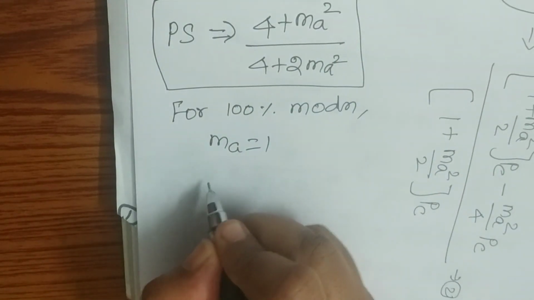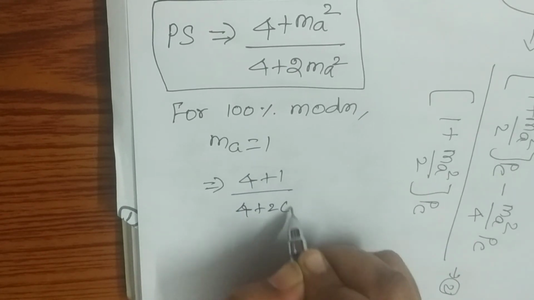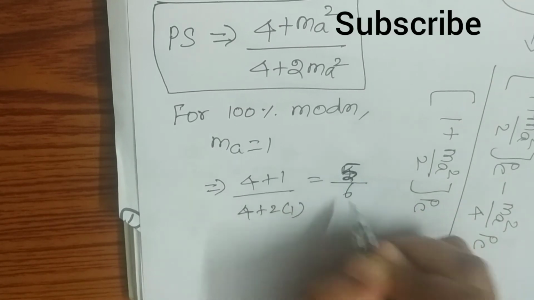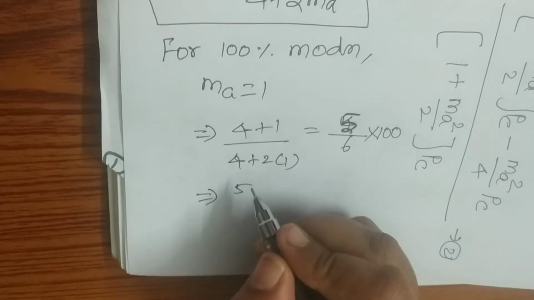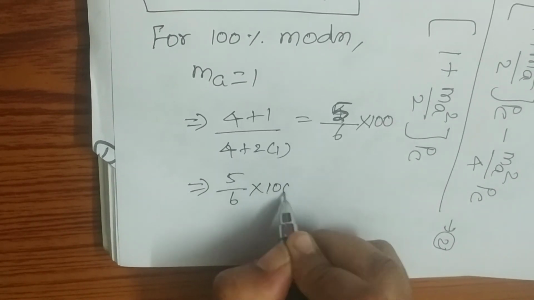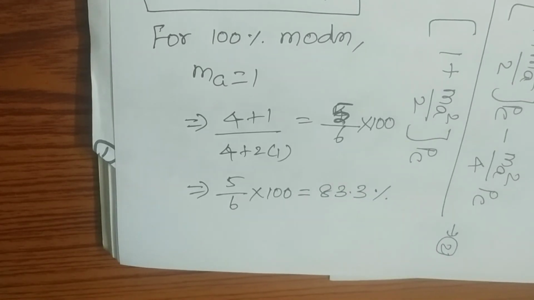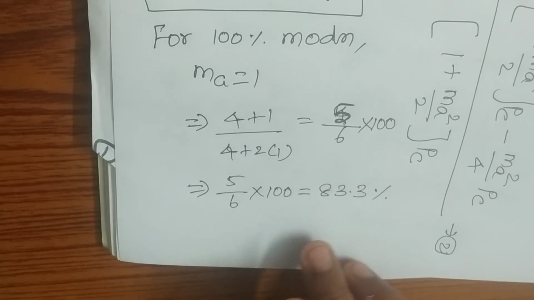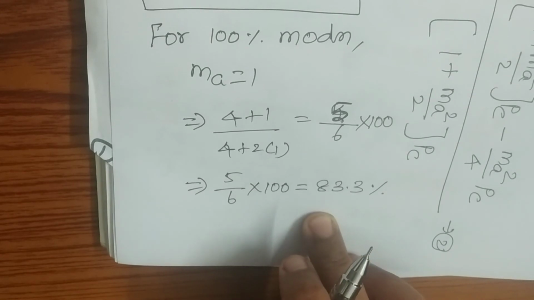We get 4 plus 1 divided by 4 plus 2 into 1, which is equal to 5 divided by 6 into 100, which is equal to 83.3%. So the power saving goes from 66.6% to 83.3% in this single sideband suppressed carrier amplitude modulation technique.